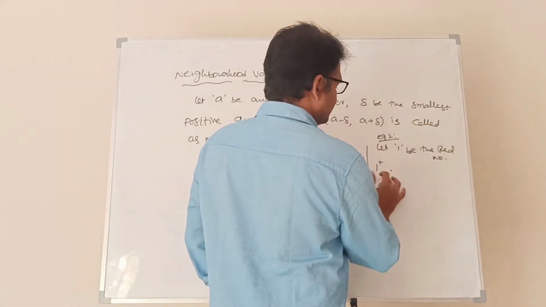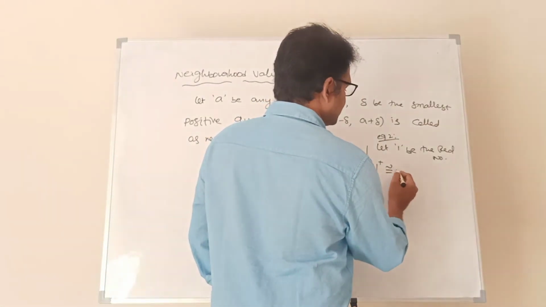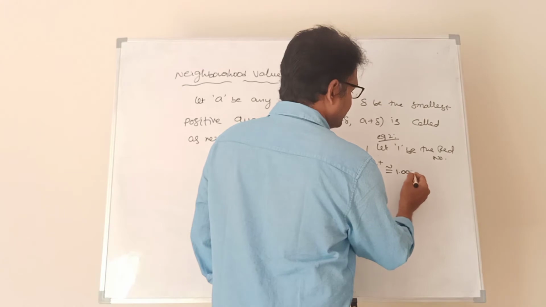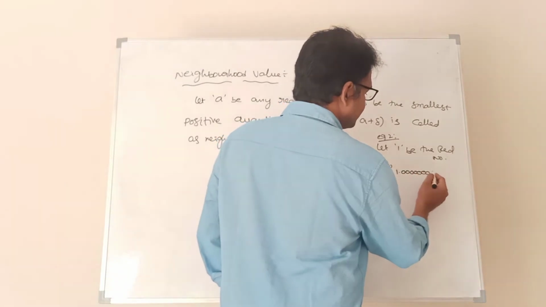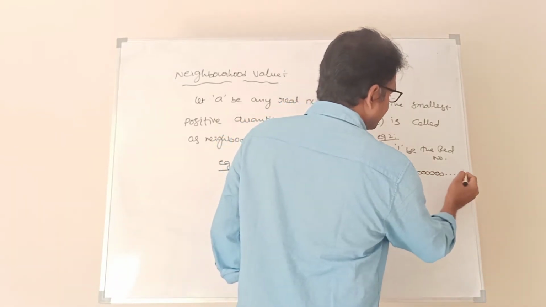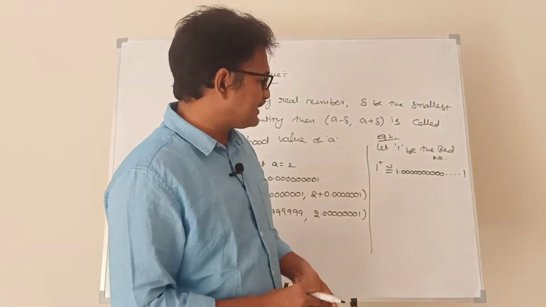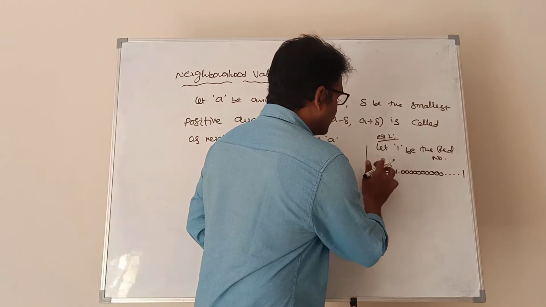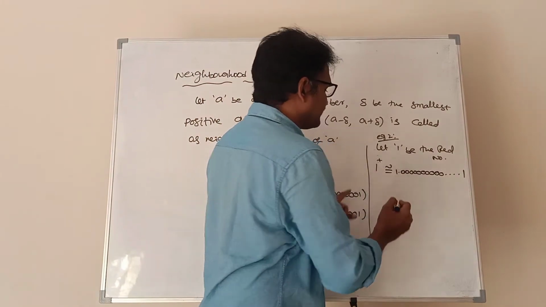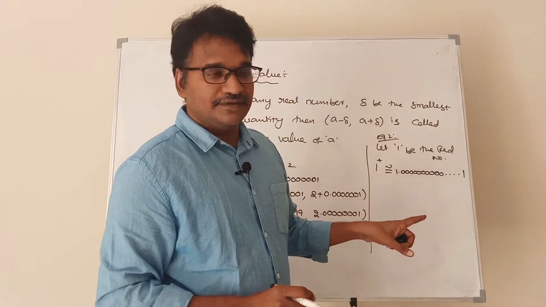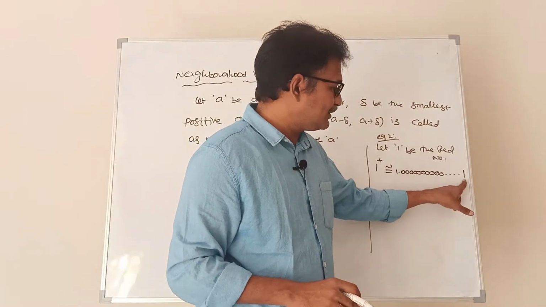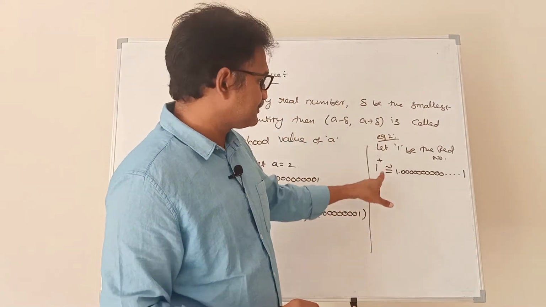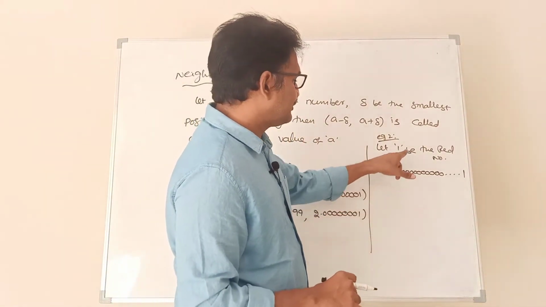Approximately equal to 1 but not equal to 1. That means this value is approximately equal to 1.00000, infinite number of zeros, then a 1. See, if you observe this value, 1 plus means just more than 1, approximately equal to 1 but not equal to 1. So this value is called a neighborhood value of 1.